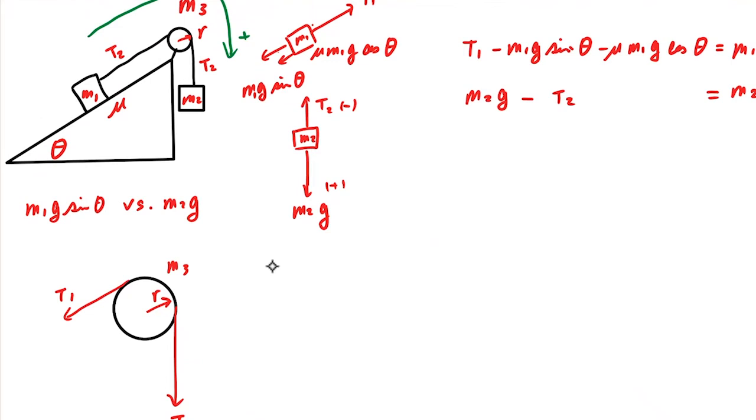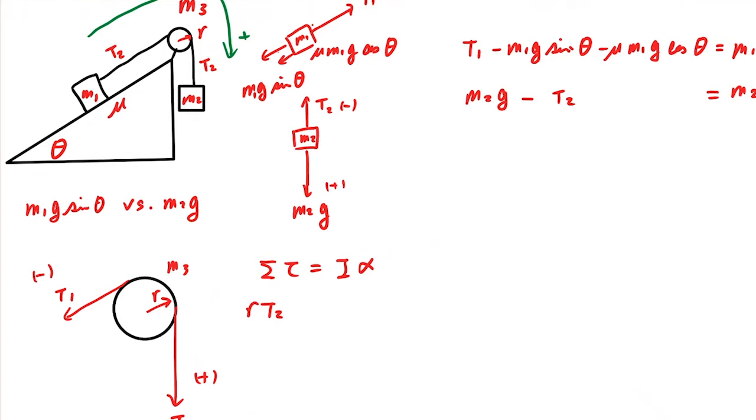Do you remember the net torque is equal to I alpha? Right? Okay, what is net torque? Torque rotating this way and torque rotating that way, but this is a positive direction and that's a negative direction for us. So net torque is T2 times R, right?